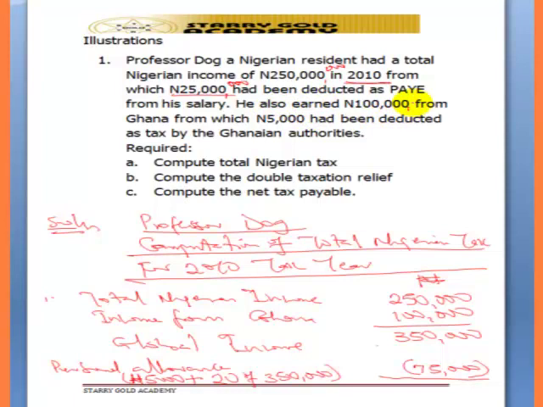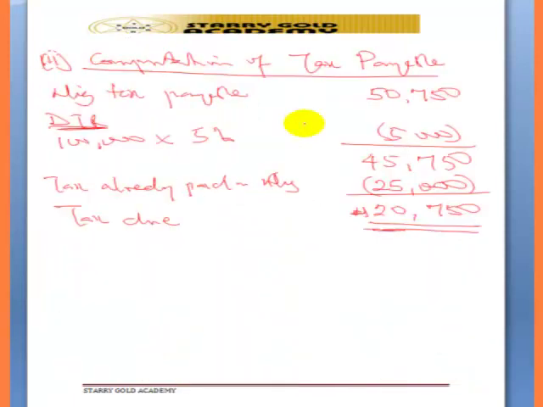Foreign income will be 100 million, and the tax will be 5 million. Having made that adjustment, we call it solution B.